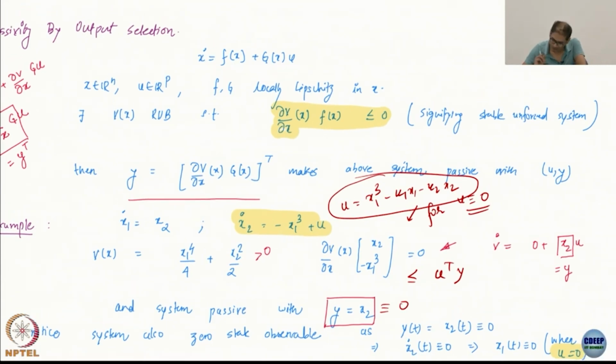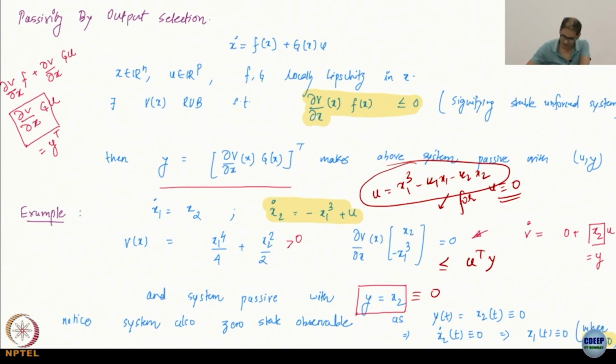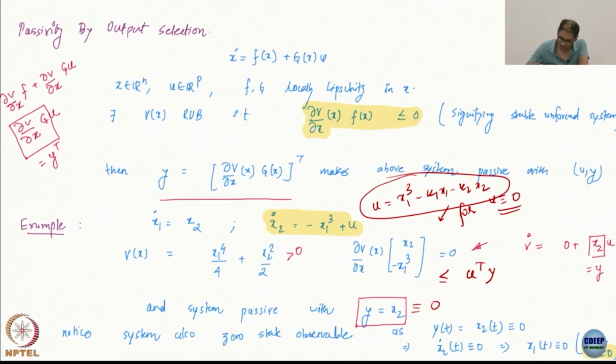Wait, did I get this correct? V dot is 0 plus x2 times u. Okay, that's fine. This is stable. So basically, what am I choosing as my y?